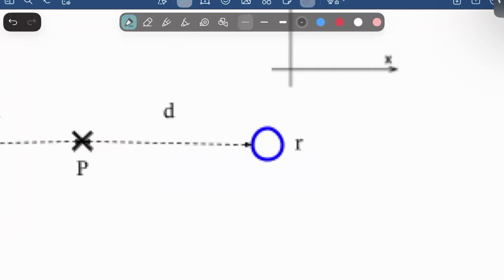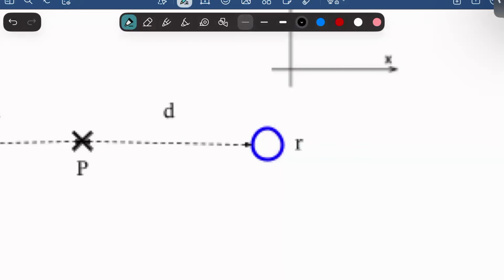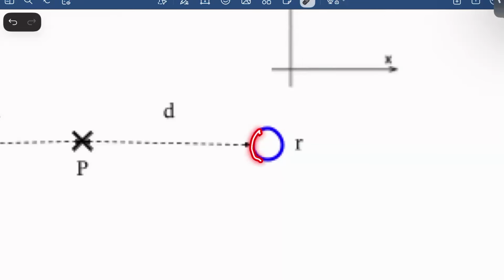Now, if your conventional current was flowing counterclockwise, then your thumb would be pointing out of the page. Sorry, what did I say? I forgot which one I said. Yeah, if it's going counterclockwise, it points out of the page.